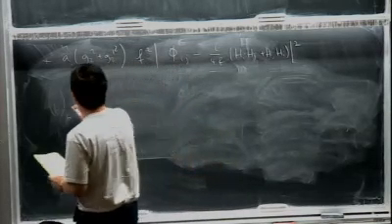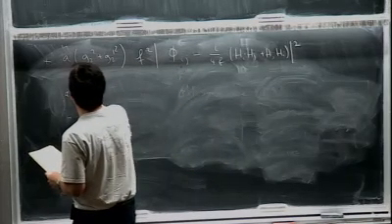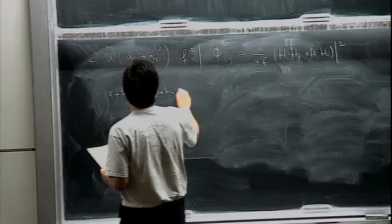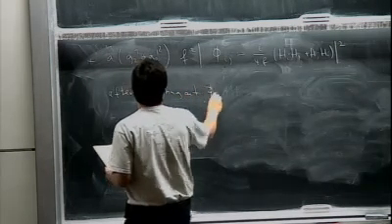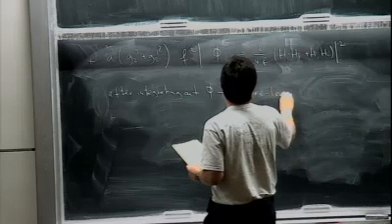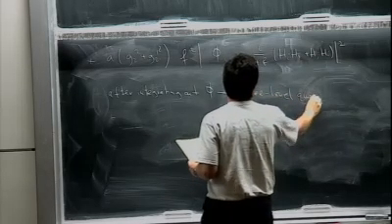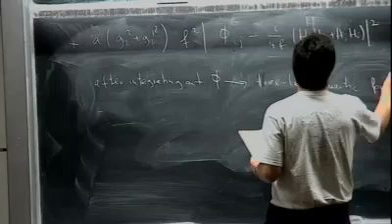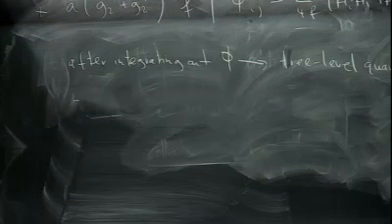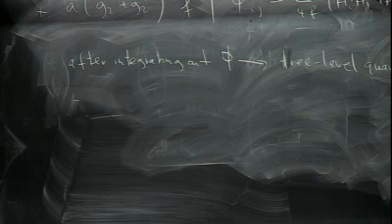Okay, so after integrating out phi, there will be a tree-level quartic for H.